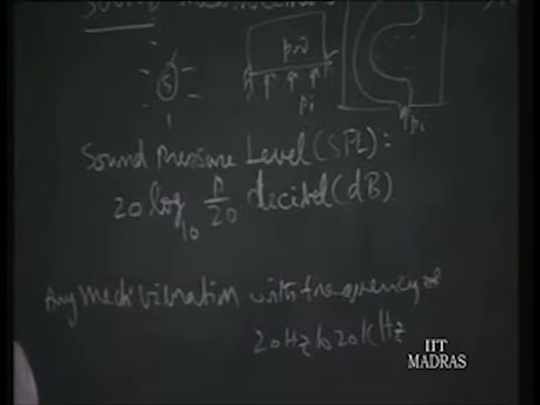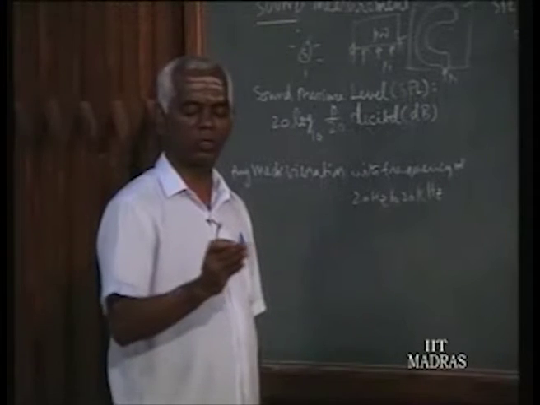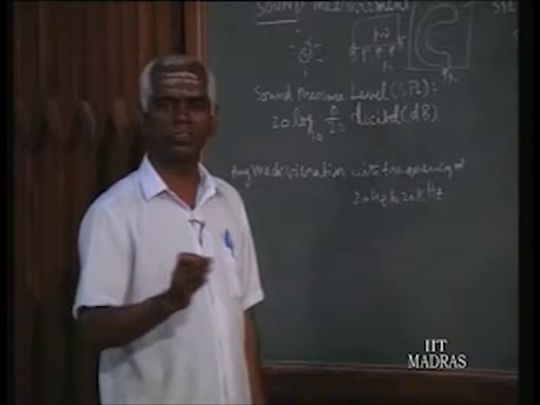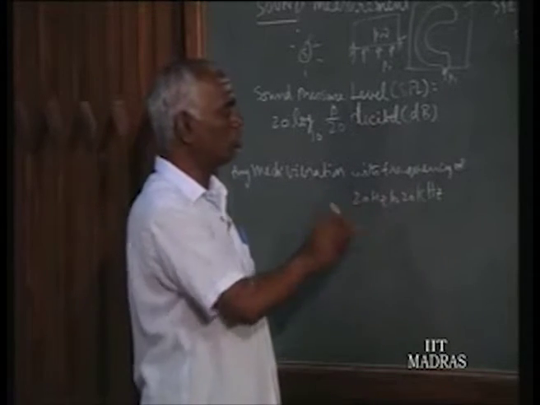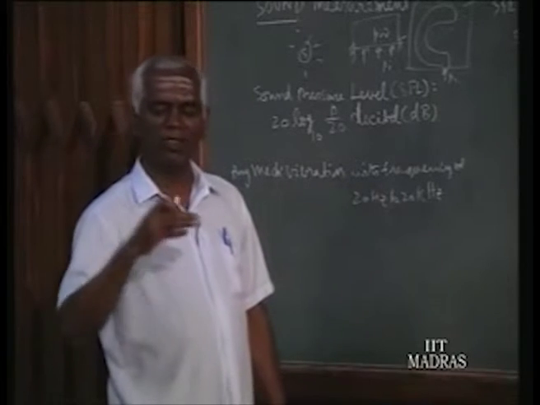Suppose what I am vibrating is 1 or 2 hertz, that is all, so no sound is there. But if I vibrate at 20 hertz to 20 kilohertz, naturally sound is made.